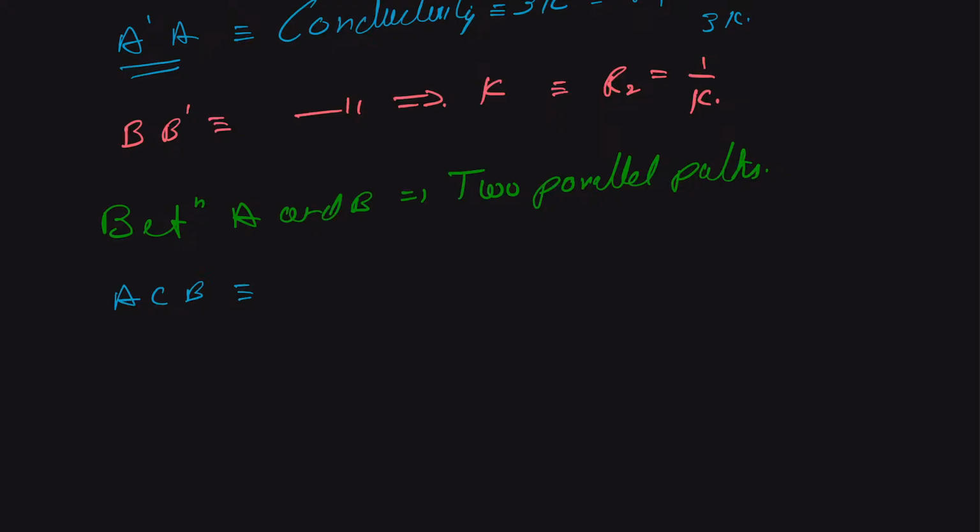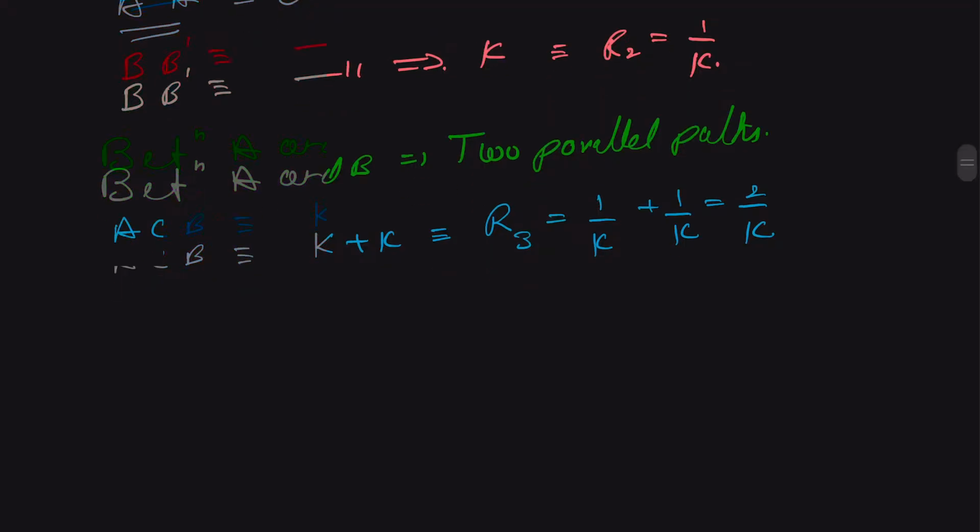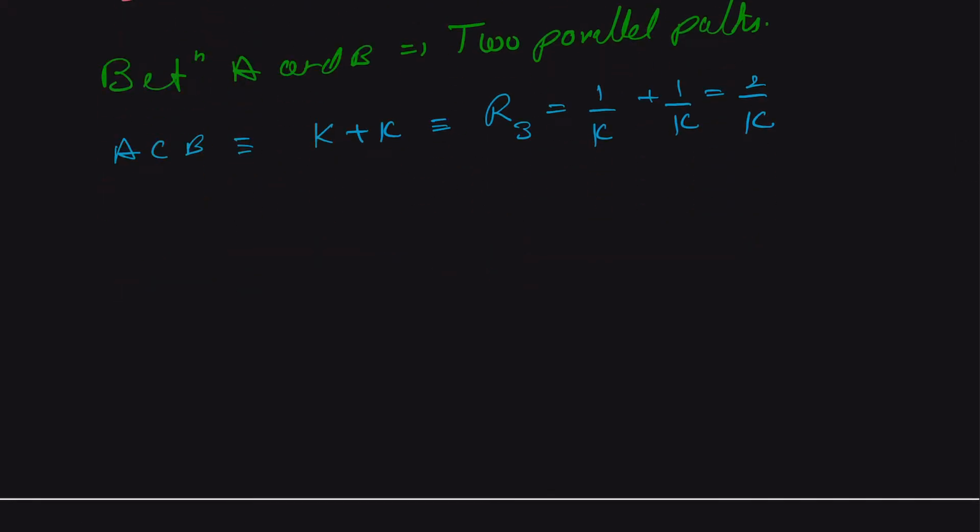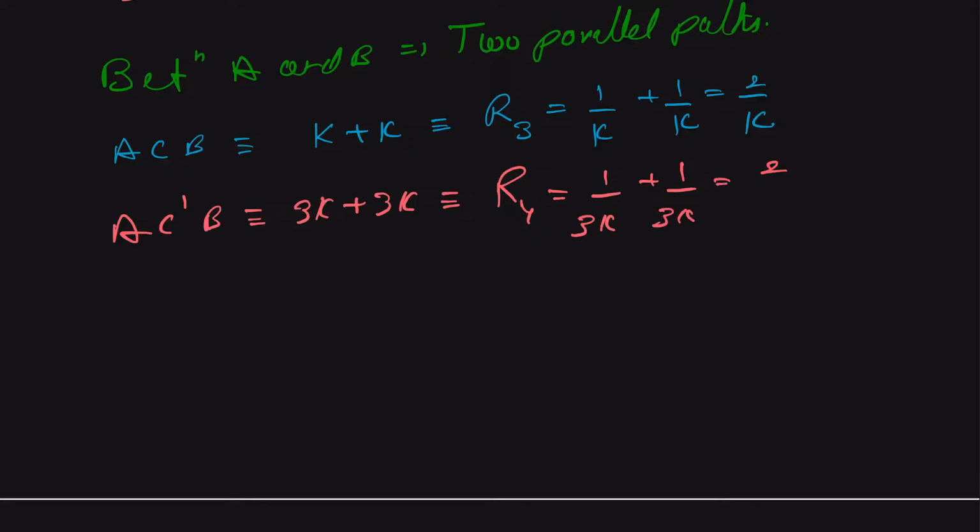So this is K plus K, and let us call this our R3, which is 1 upon K plus 1 upon K, giving us 2 upon K. The second path is our lower one, AC prime B, which is 3K plus 3K. Let us call this our R4, which will be equal to 1 upon 3K plus 1 upon 3K, giving us 2 upon 3K.